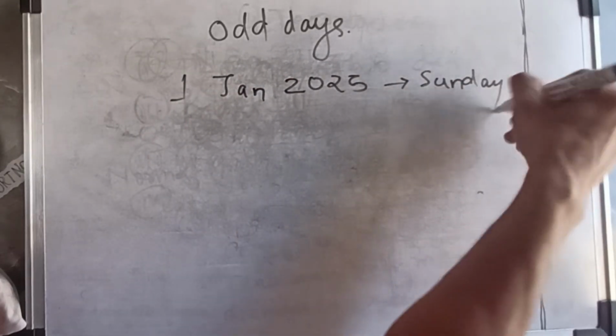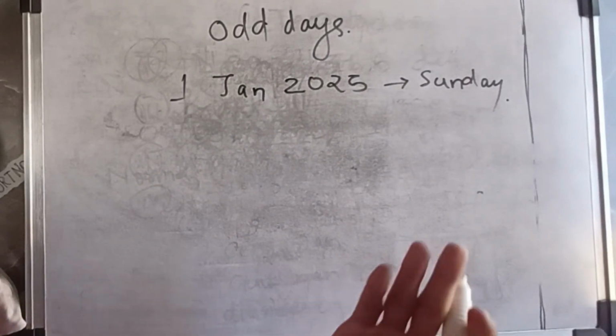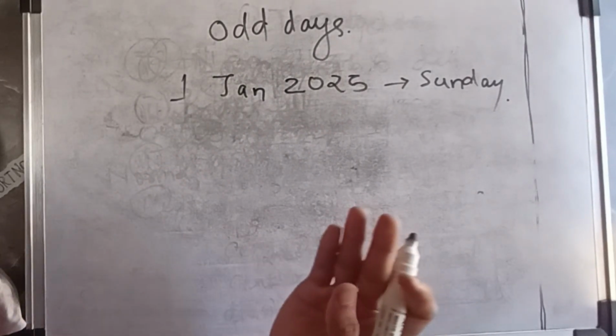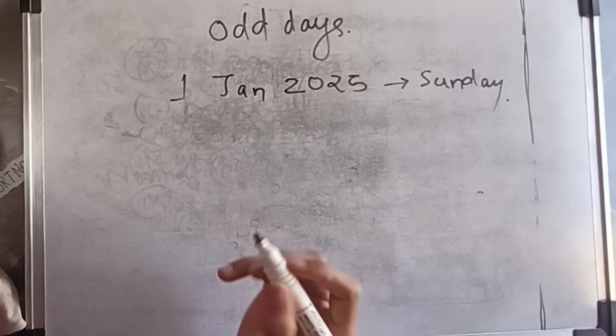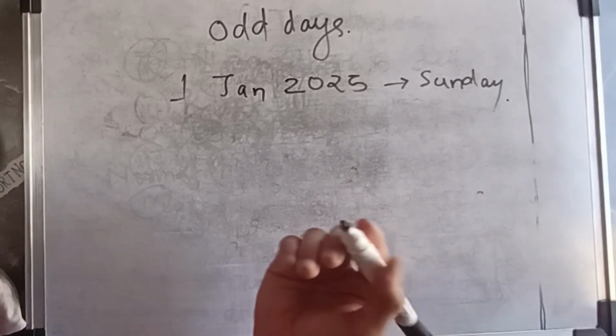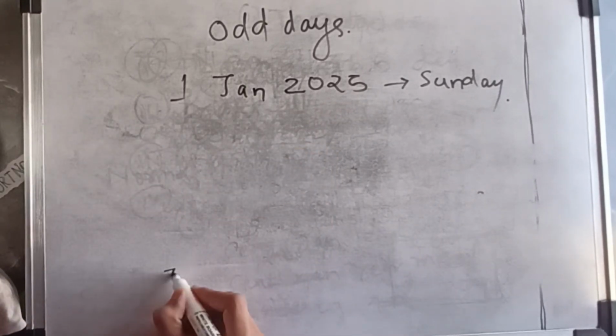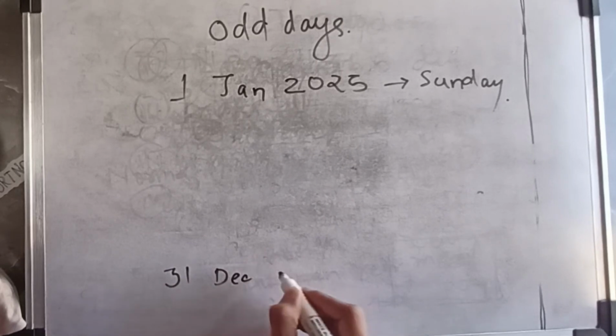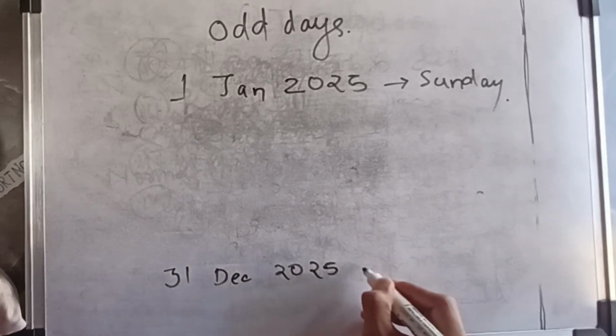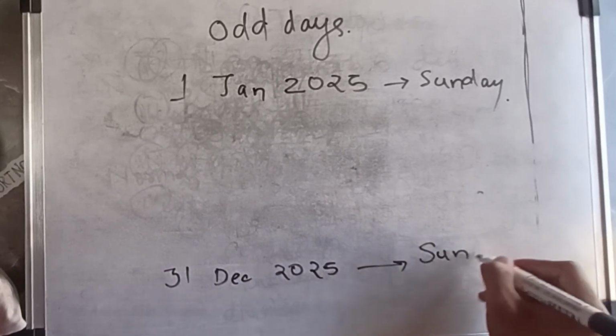Assume, I don't know, it started on Sunday only. So if 1st of January 2025 started on Sunday and 2025 is not a leap year, then the last day, 31st December 2025, must end on the same day, that is Sunday. Why?